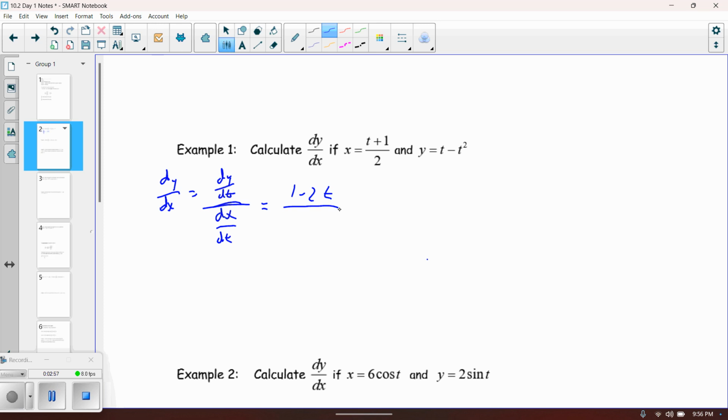And the derivative of the x portion with respect to t, be careful on this. You don't need to use a quotient rule, even though it looks like a quotient. Remember that the 2 on the bottom is a constant, so technically you could divide each term by 2, or you could throw 1/2 out into the front, and really that would just make x 1/2 of t plus 1, which means if you distributed that 1/2, you would just have a derivative with respect to t of 1/2.